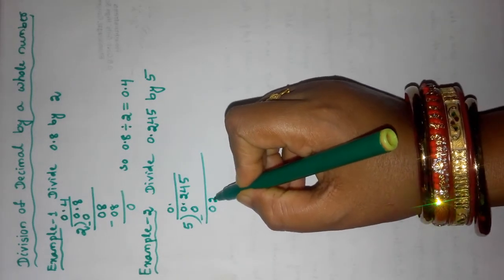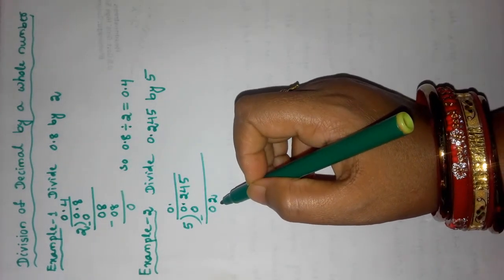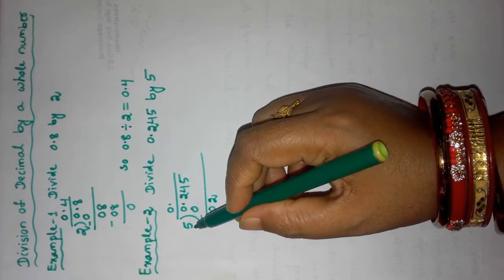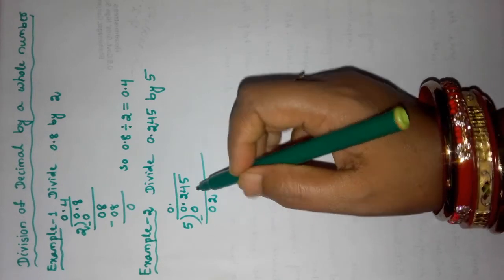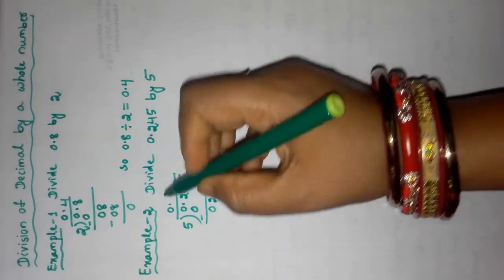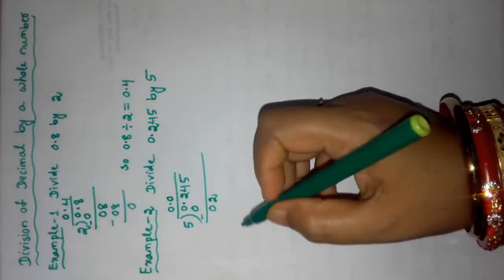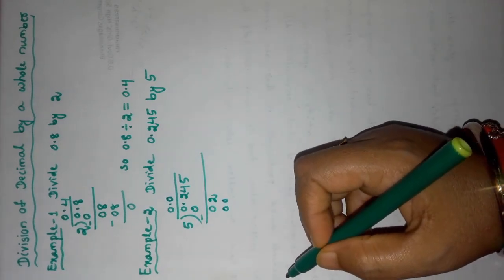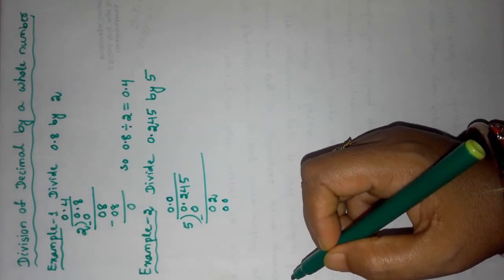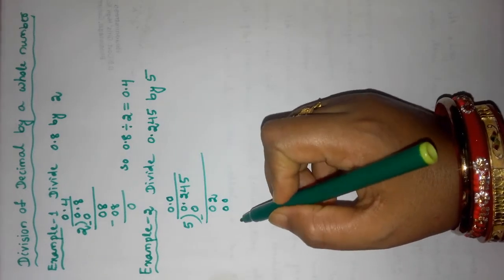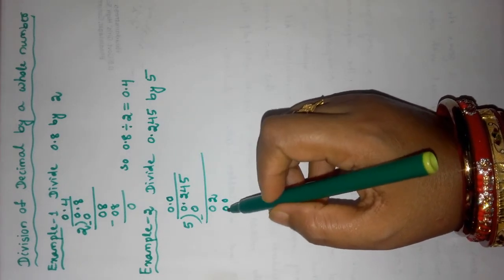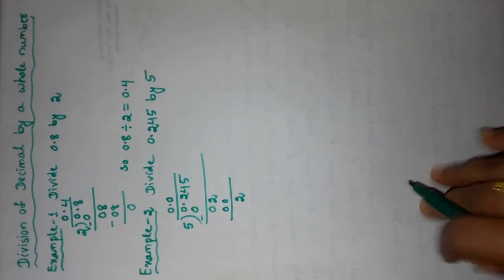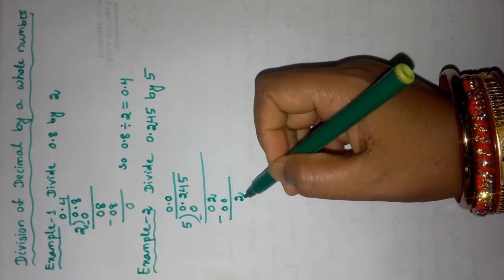Then bring down 2. See how many times 5 goes into 2. 2 is less than 5. We cannot divide. That's why put 0 here. 5 zeros are 0. Then subtract, it is 2.